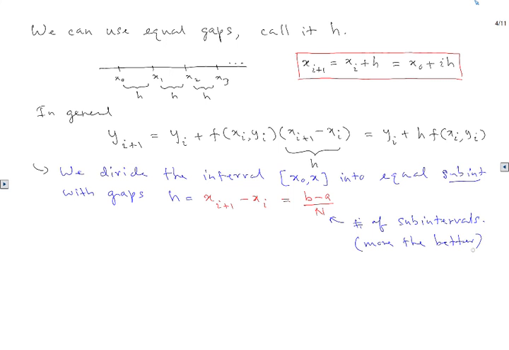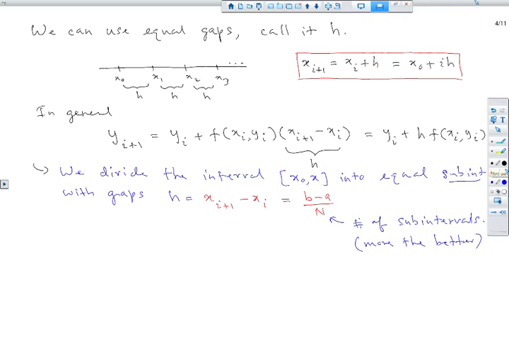With this information, we can write the formula like this. This is Euler's method.